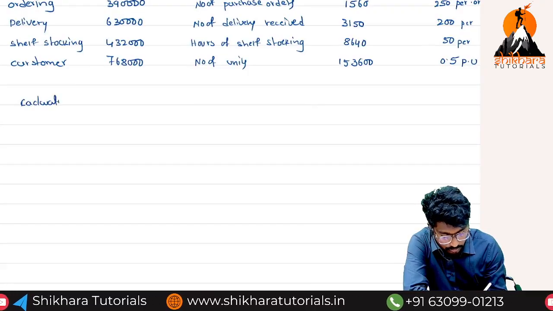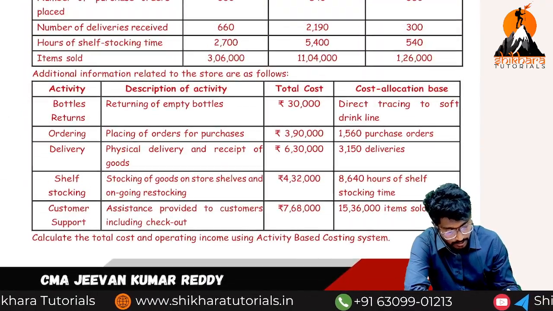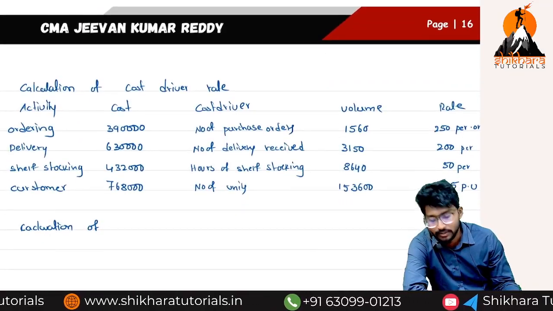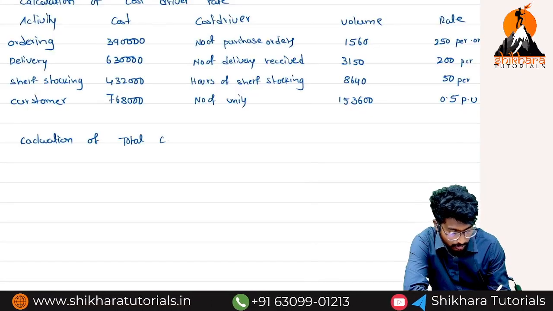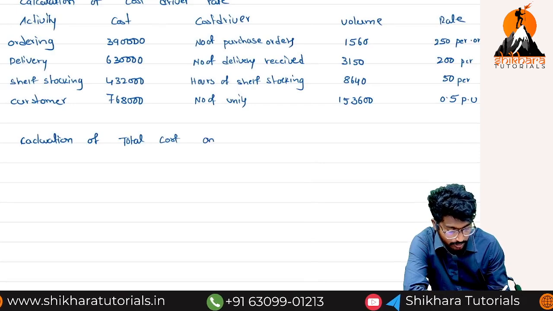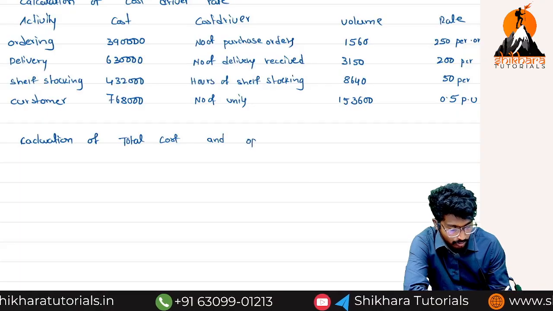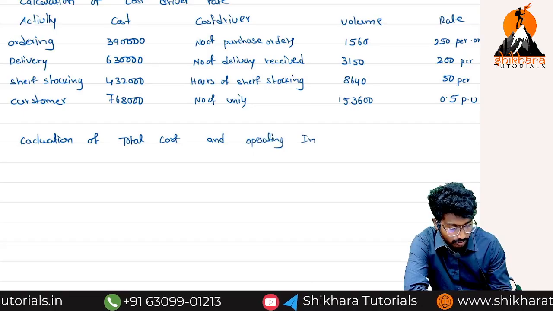Calculation of what he asked in the question. Calculate the total cost and operating income using activity based costing system. Calculation of total cost and operating income.